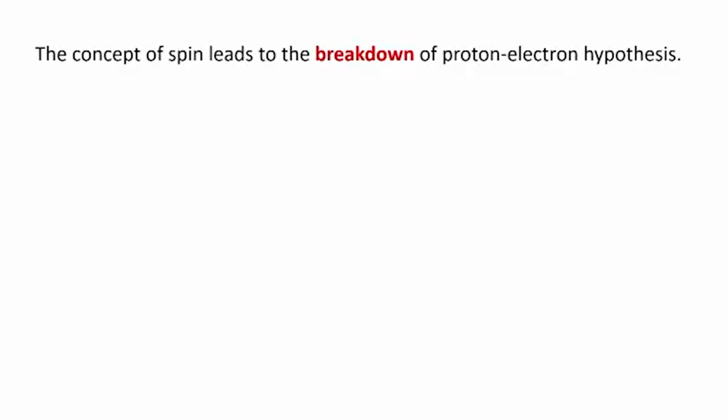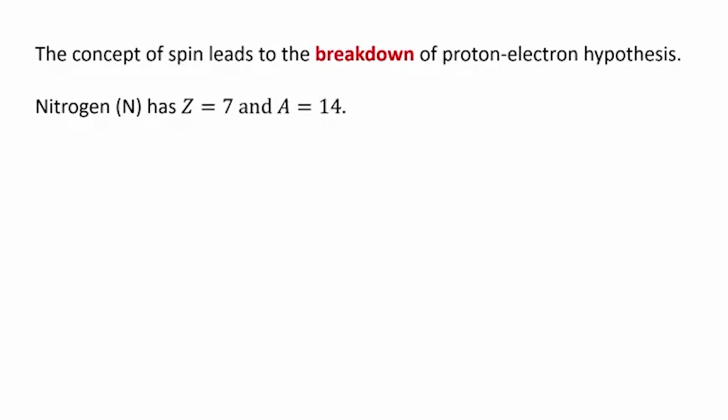Okay. Now, the concept of spin puts the first nail in the proton electron hypothesis that one had thought about as a model of the nucleus. How it does this: nitrogen has Z, the atomic number, equal to 7, and mass number equal to 14.